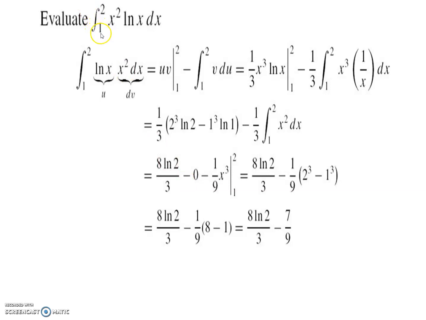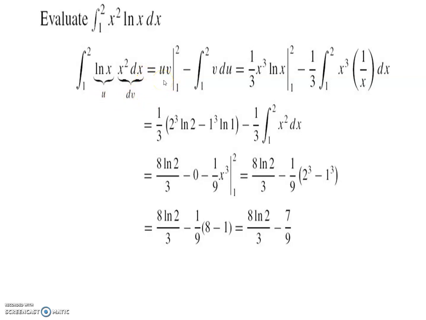Now lower limit 1, upper limit 2, x square ln x dx. First we have to verify the LIAT rule. What is LIAT rule? L for logarithmic, I for inverse, A for algebraic, T for trigonometric, E for exponential. That's why x square is algebraic, so we have to take ln x as u and x square dx as dv.